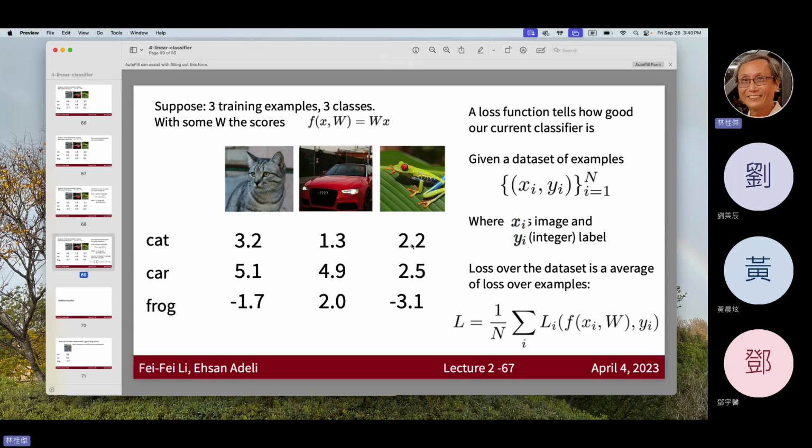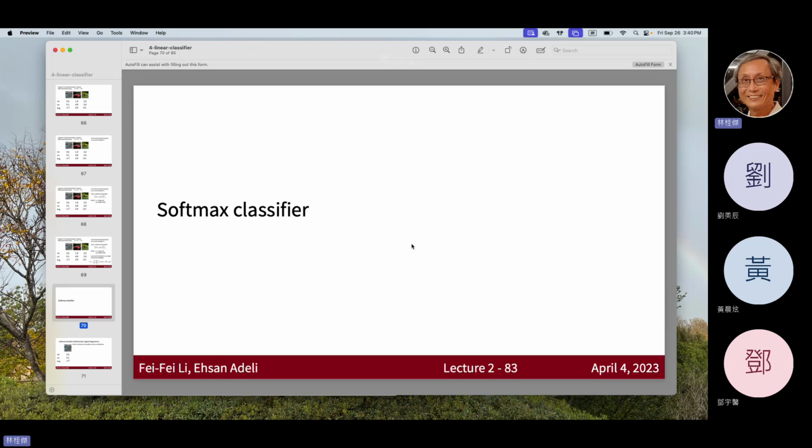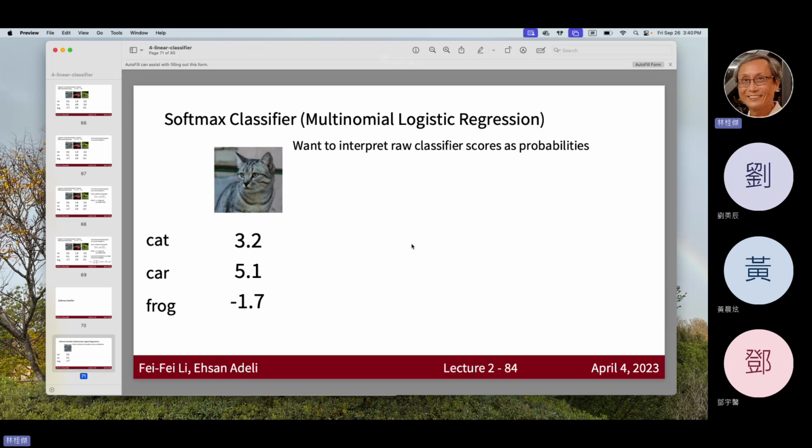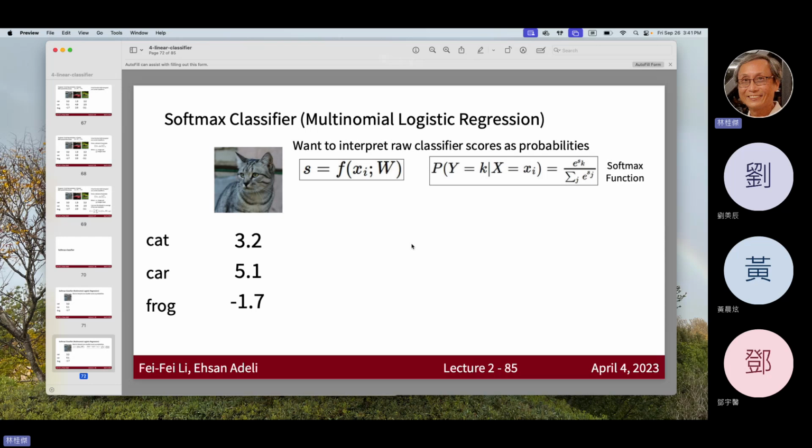So another way to define the desirable output is not the absolute score, but the probability that this one is likely going to be a cat, or this one is likely to be a car.